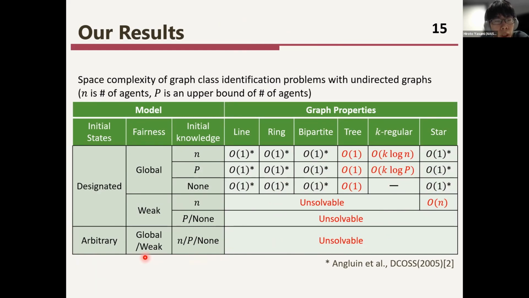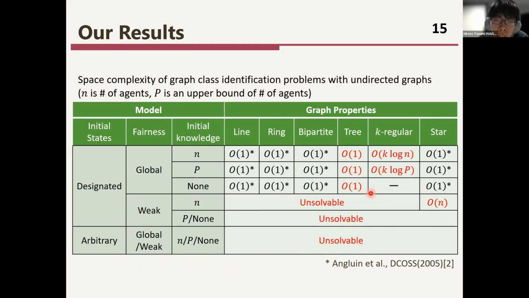First of all, with arbitrary initial states, we prove that there is no protocol for each graph. Contrary to the results with designated initial states, by assuming global fairness, there are constant space protocols for most graphs.